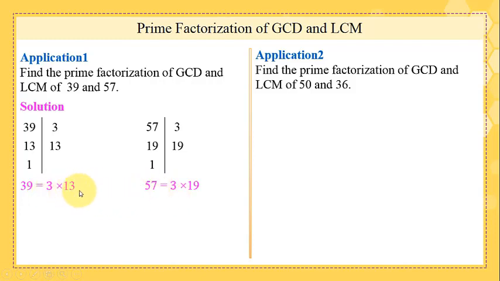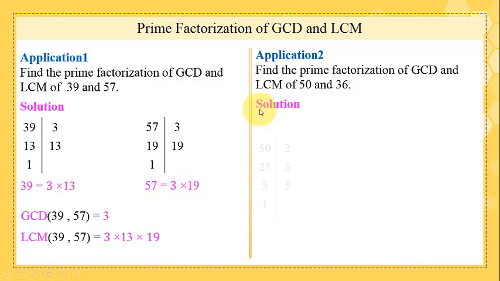The common divisor between 39 and 57 is 3 only, and the exponent of 3 in both numbers is 1, so the greatest common divisor of 39 and 57 will be 3. Now the least common multiple of 39 and 57 will be equal to the product of all the prime factors of these two numbers. Since 3 is a common factor, we take it once, so the least common multiple will be equal to 3 times 13 times 19.